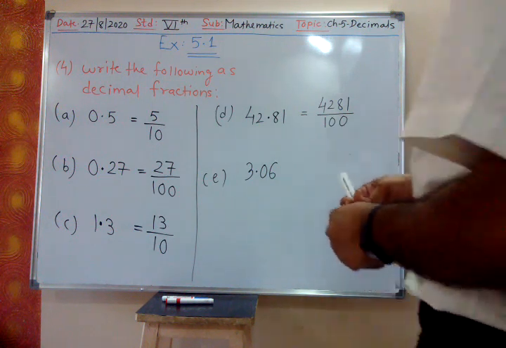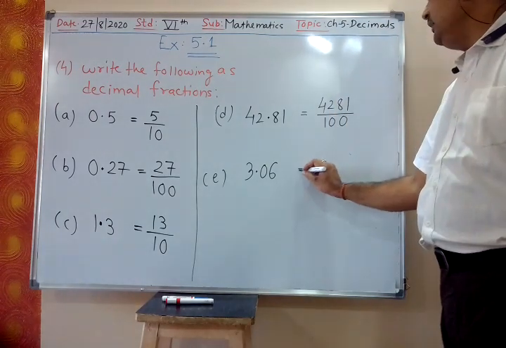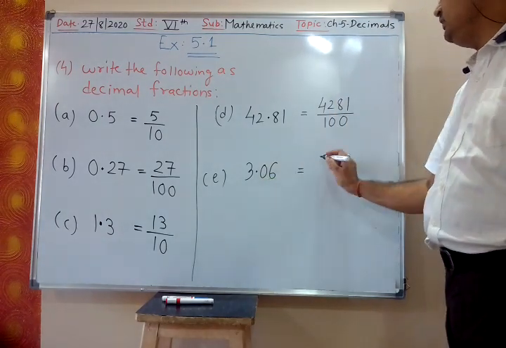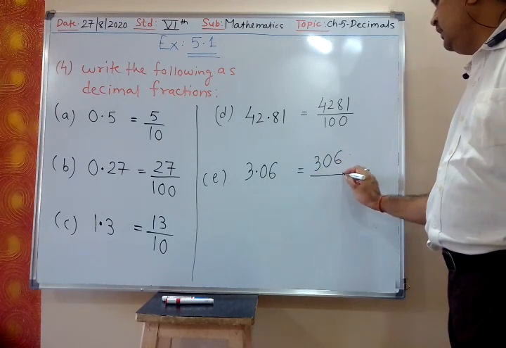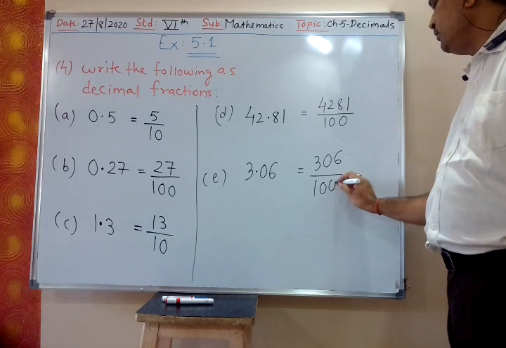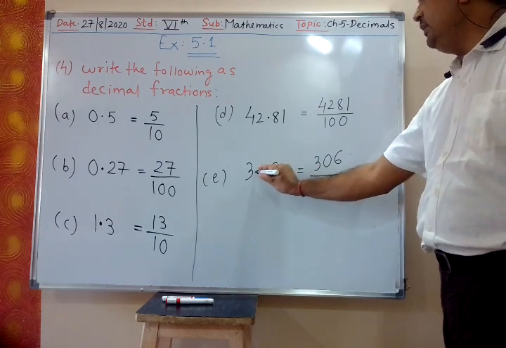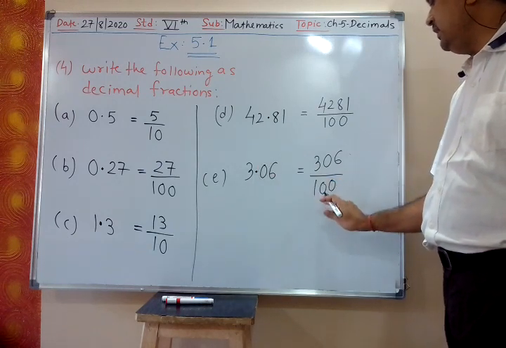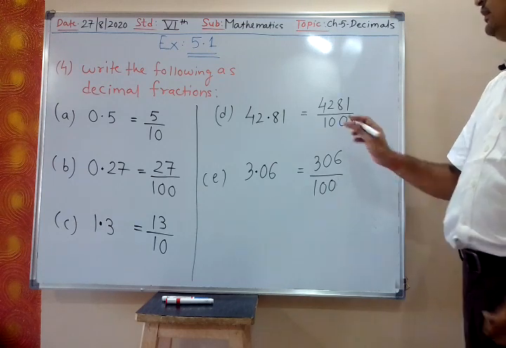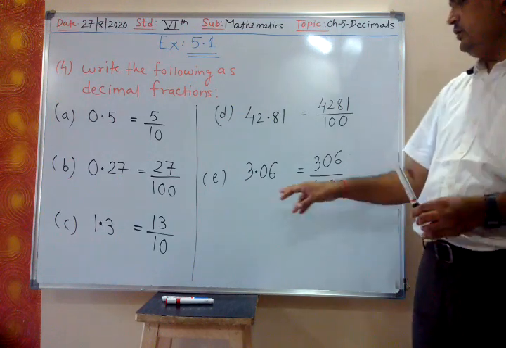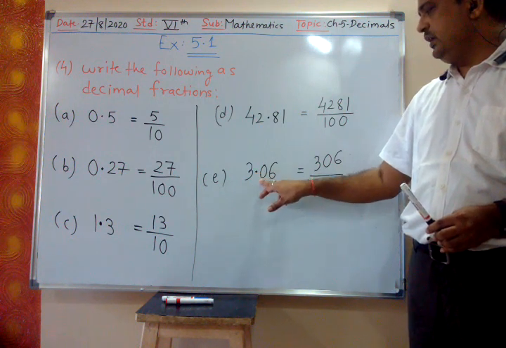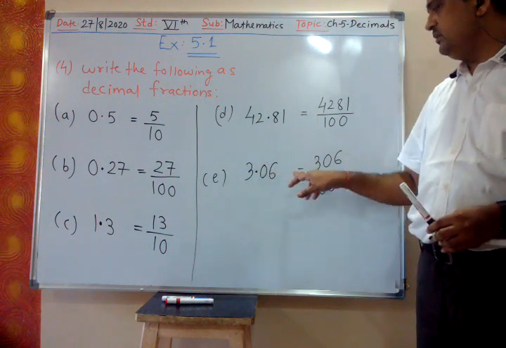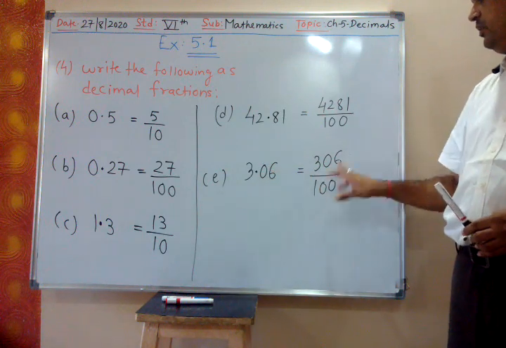Then next is 3.06. After decimal there are two digits, so I can remove the decimal, this becomes 306 upon 100. After decimal, that much number of zeros I want in the denominator.